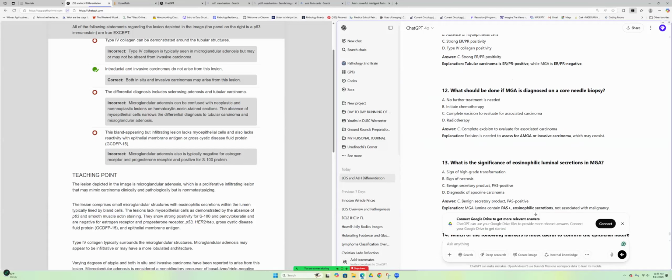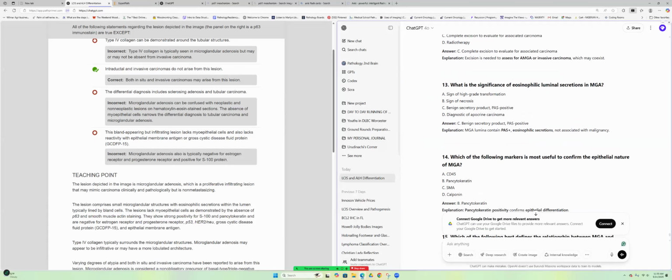What should be done if MGA is diagnosed on a core biopsy? Complete excision, evaluate for associated carcinoma. What is the significance of eosinophilic luminal secretions in MGA? Benign secretory product, false positive.